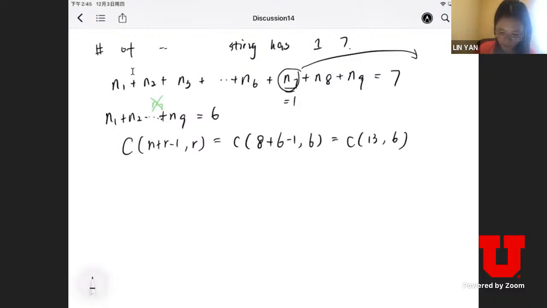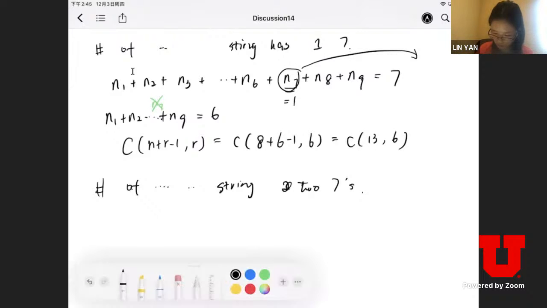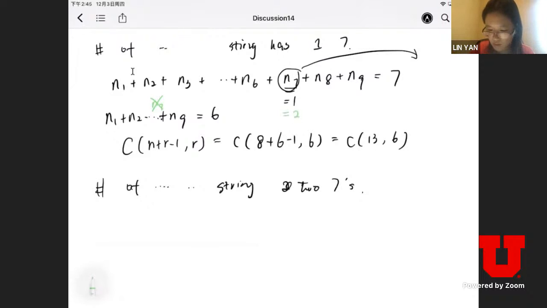Similarly, we need to calculate the third case, the number of combinations where the string has two 7s. Similar to the previous one, we move the 2 to the right-hand side.